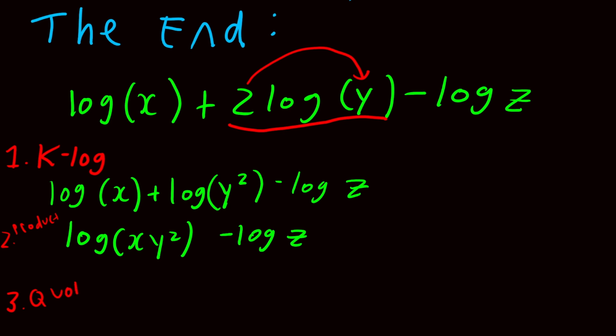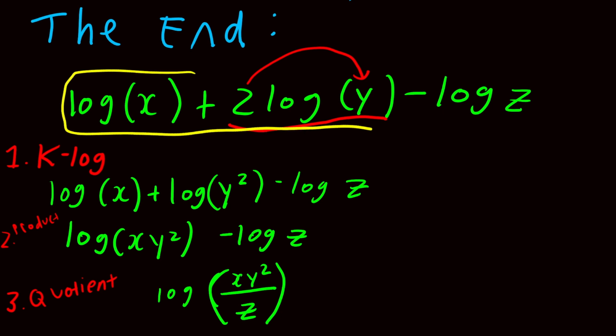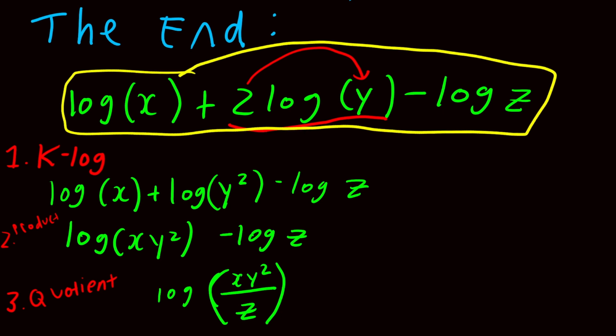Quotient rule. Log of xy squared over z. Boom. Fully simplified. You see this huge equation up here, 3 terms, just became this little baby thing over here.